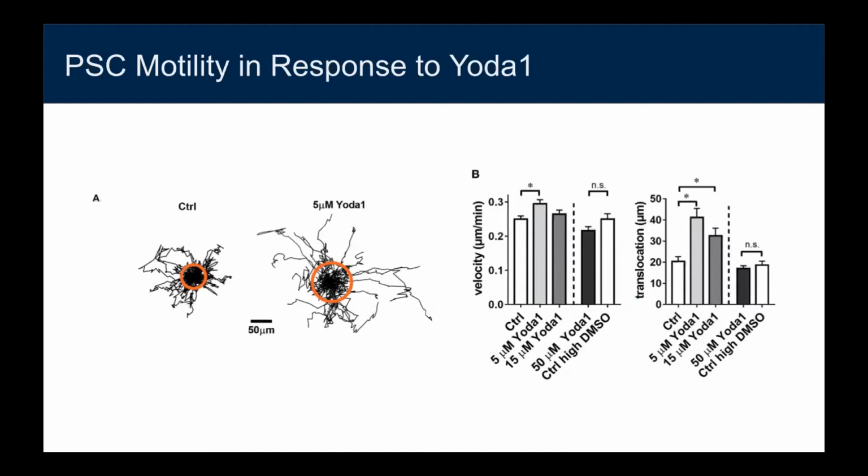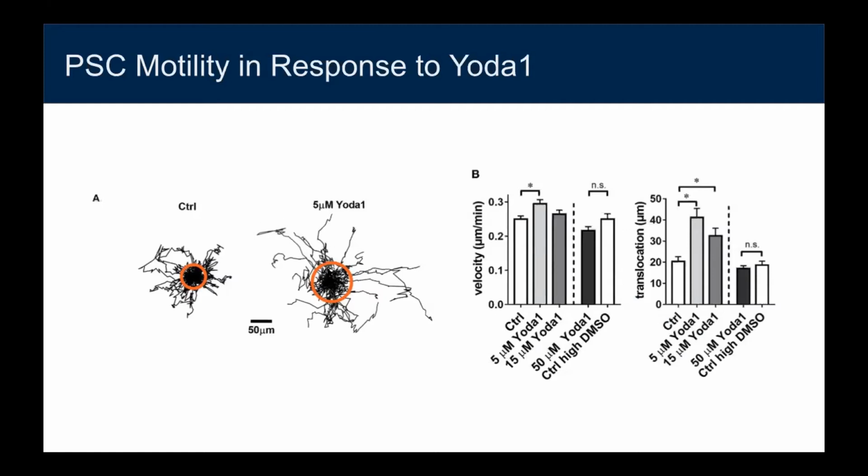So when they tested motility, you can see in A, they have control, and then they also have Yoda1. In control cells, there's some movement of these cells. This is a 2D assay of motility. Versus Yoda1, there's a lot of translocation.